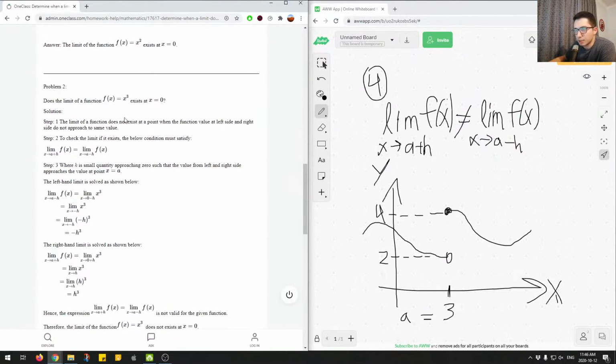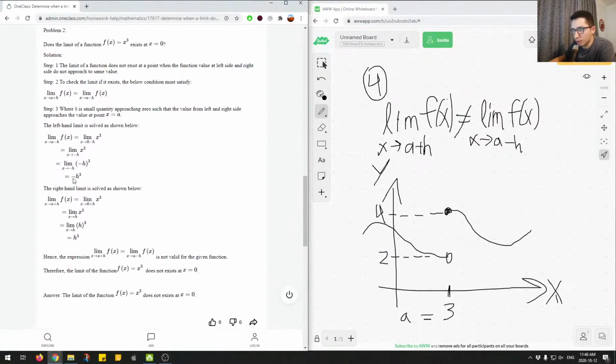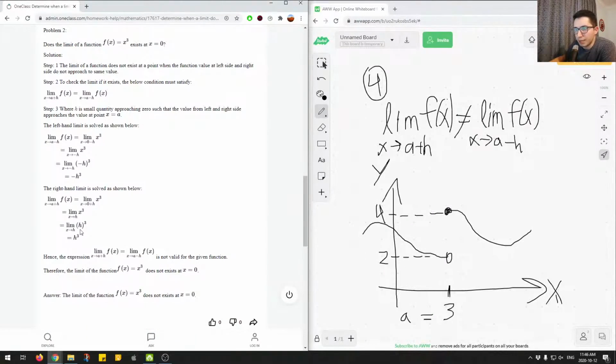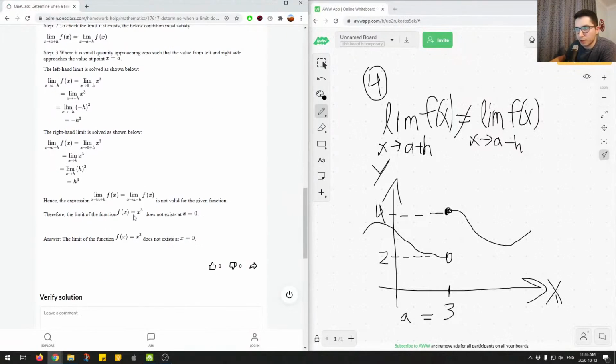And similarly, this is another example, and we end up with negative h, so here we don't end up with the same limit. Substituting negative h, we end up with h cubed and negative h cubed, so they're not equal, and the limit does not exist at x equals 0 for the function x cubed.